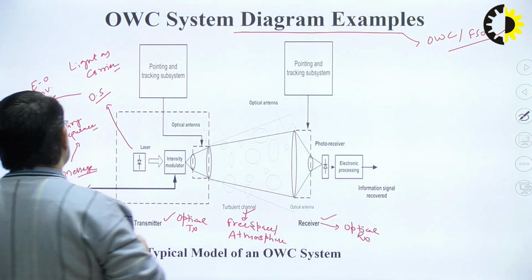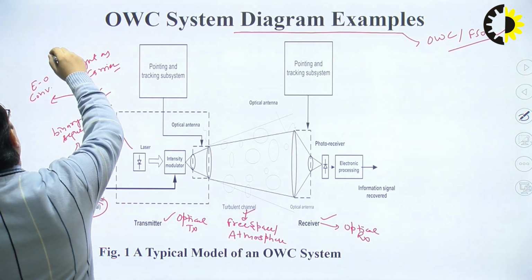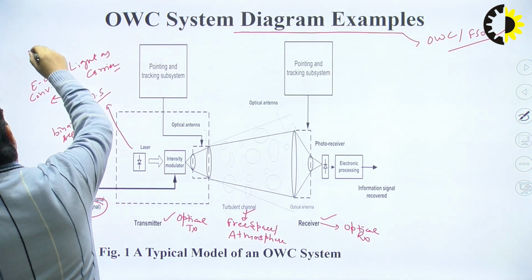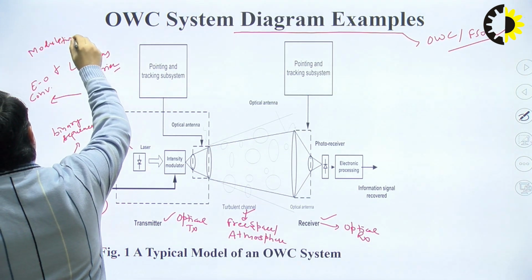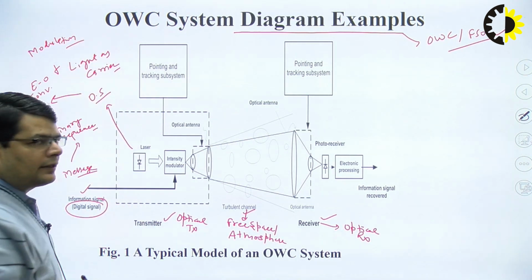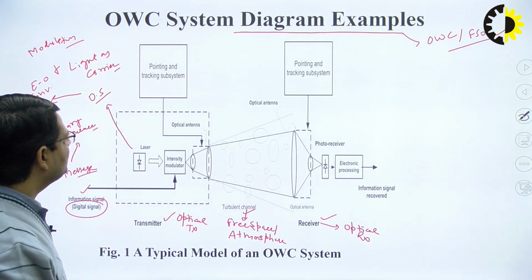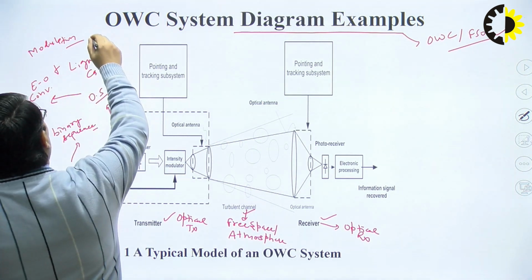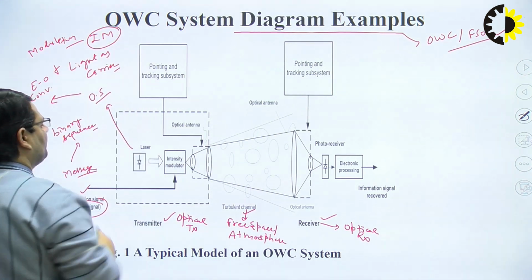Then another task that is performed by the optical source is modulation. And we know that in the optical communication system, generally we prefer the intensity modulation, that is IM.